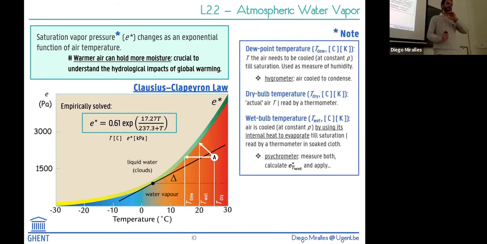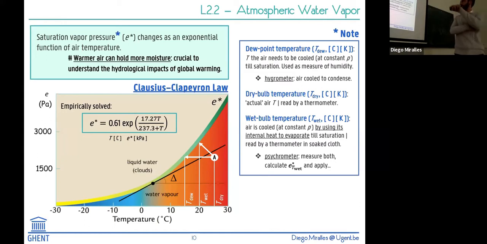Still, we have a few more concepts here, unfortunately. Dew point temperature, that's actually a concept that you will see in the future if you do anything related to micrometeorology or meteorology in your life. The dew point temperature is really just the temperature to which you have to cool down your air until it saturates.